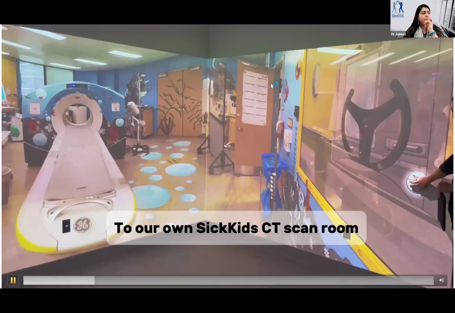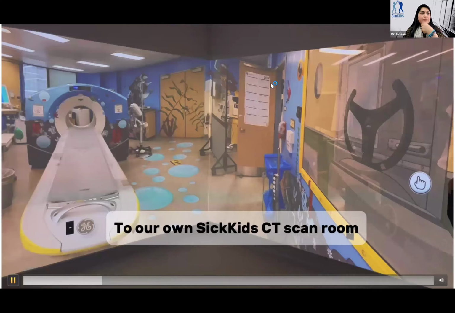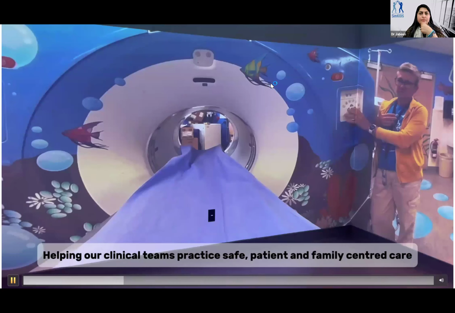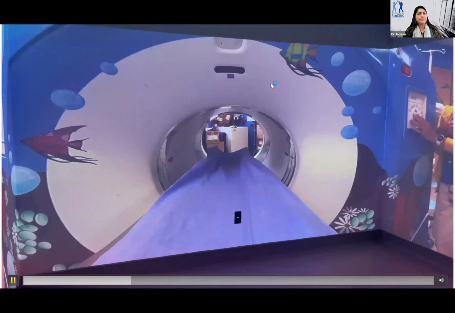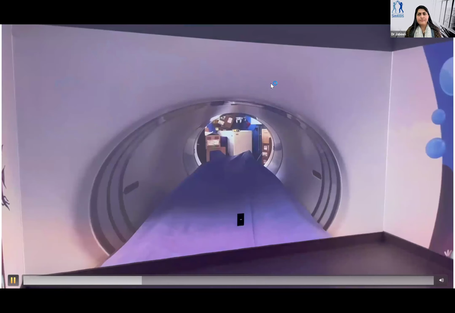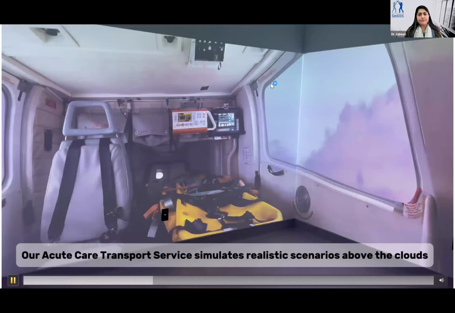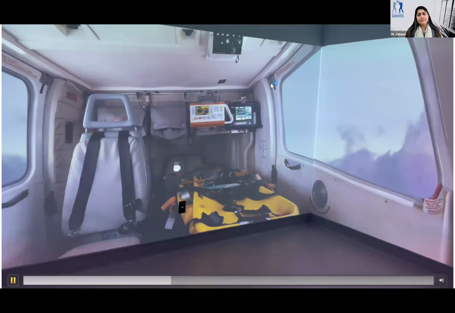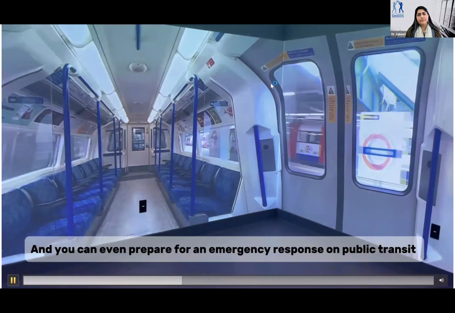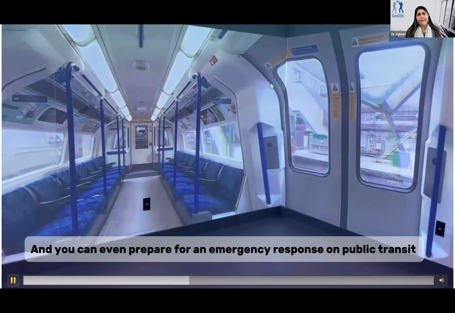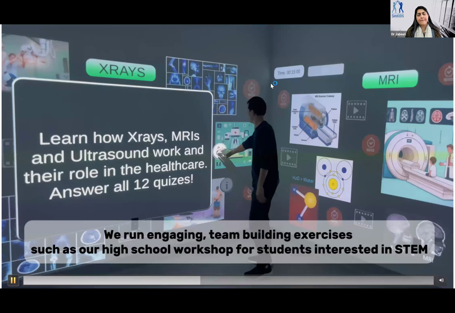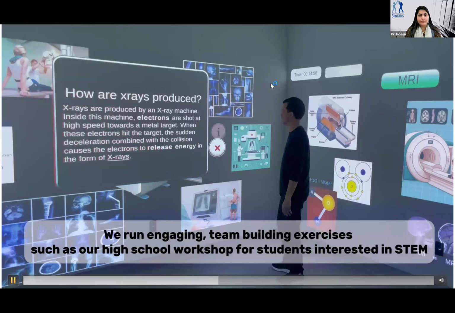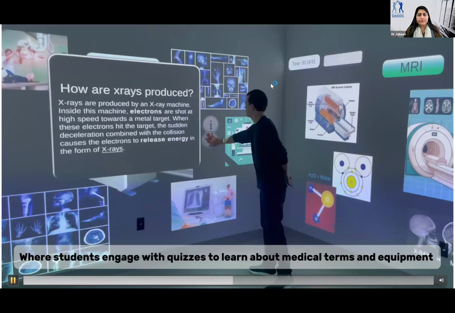To our own SimKIDS CT scan room. Helping our clinical teams practice safe, patient, and family-centered care. Our acute care transport service simulates realistic scenarios above the clouds. and you can even prepare for an emergency response on public transit. We run engaging, team-building exercises, such as our high school workshop for students interested in STEM, where students engage with quizzes to learn about medical terms and equipment.